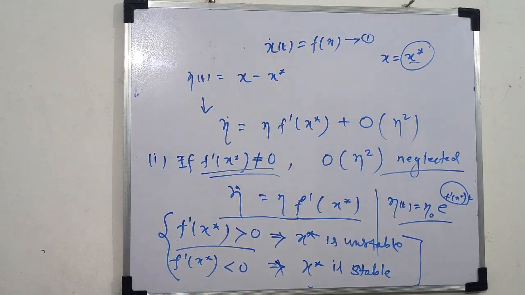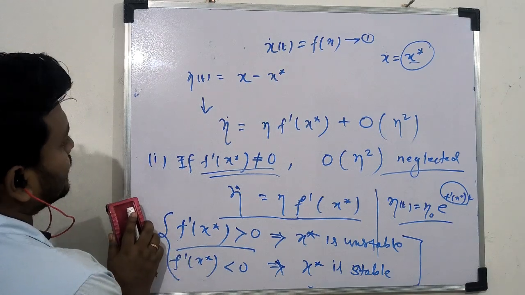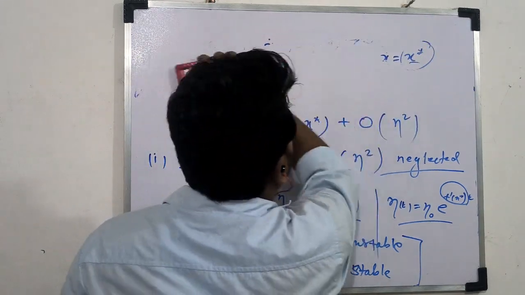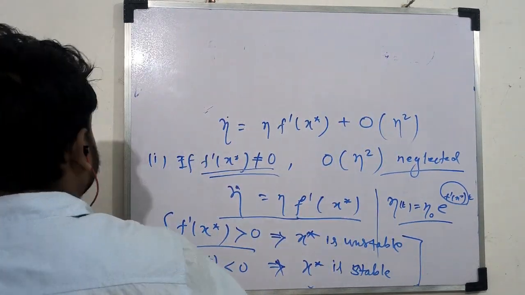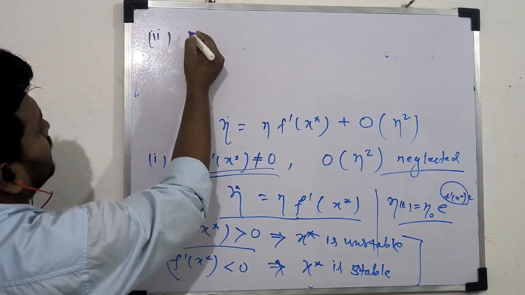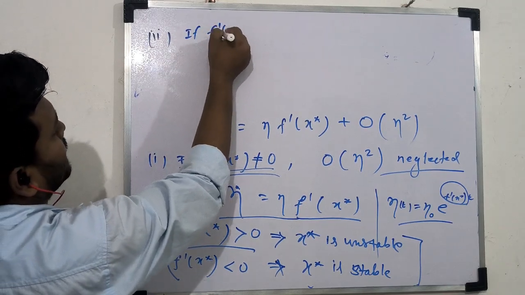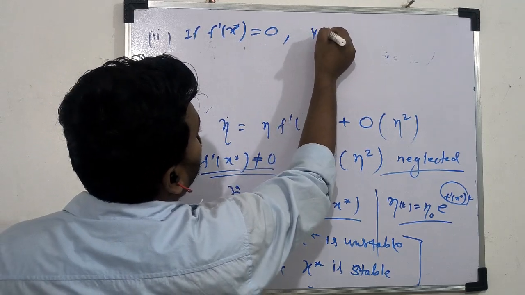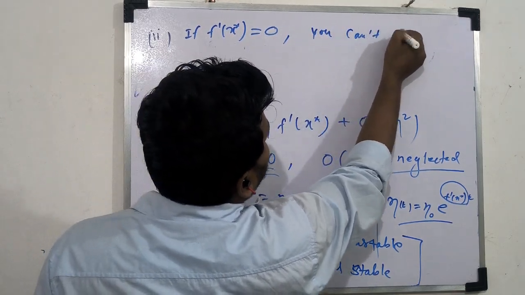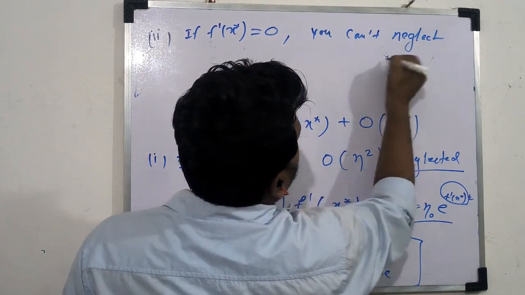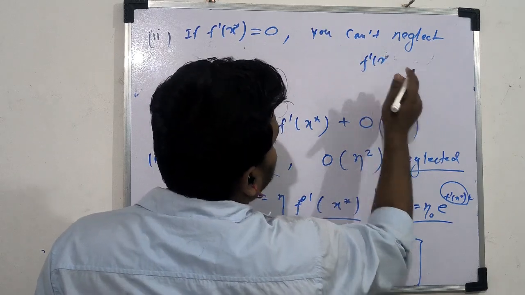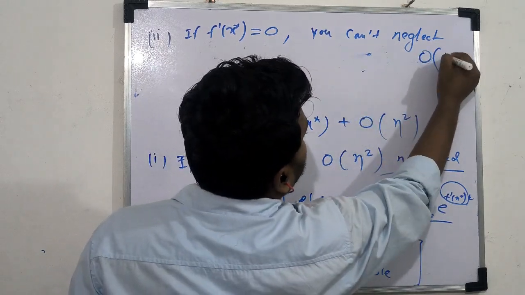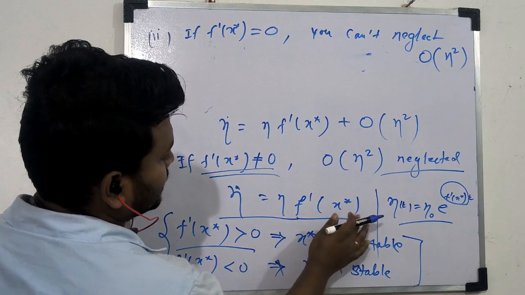Now the second case is when f dash x star is 0. Then you cannot neglect the term of order eta square from this equation.